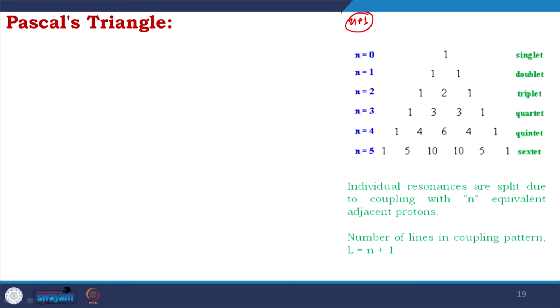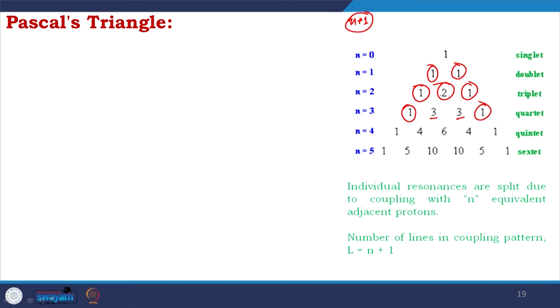So n equal to 0 is a singlet, n equal to 1 is a doublet with 1 to 1, n equal to 2 is a triplet 1 2 1, n equal to 3 is a quartet 1 3 3 1, and so on.